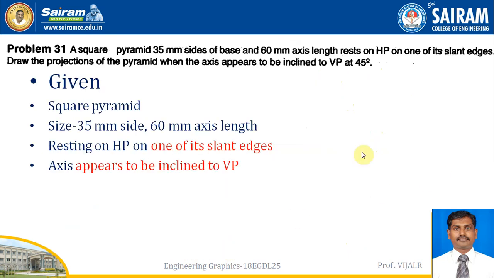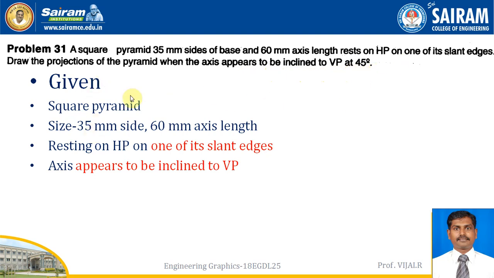Now take problem number 31 here. A square pyramid, 35 mm side of base and 60 mm axis length, rests on HP on one of its slant edges. Draw the projection of the pyramid when the axis appears to be inclined to VP at 45 degrees.